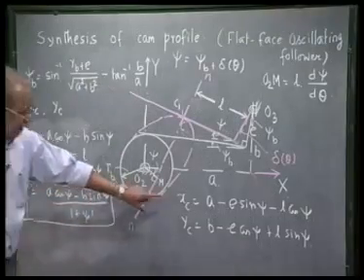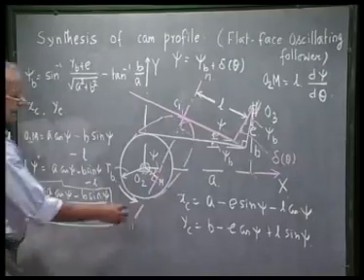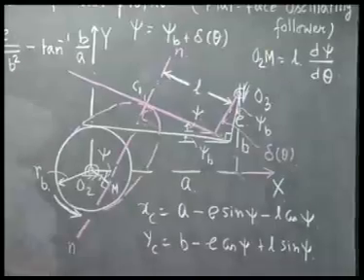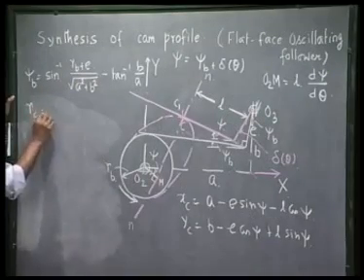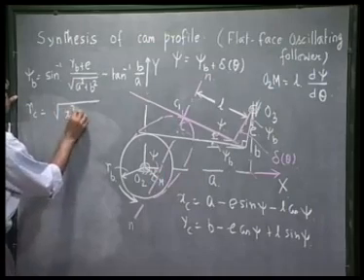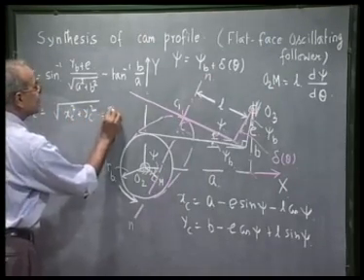So I have got xc and yc, everything in terms of theta, once these parameters A, B, E are given to us. Rest is as before. Once I get the contact point, I can write Rc is square root of xc squared plus yc squared. As we see, this is a function of theta.